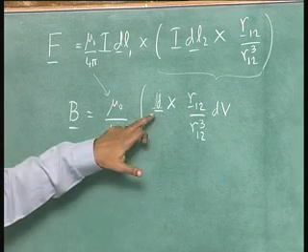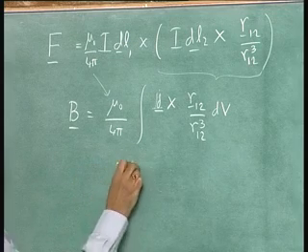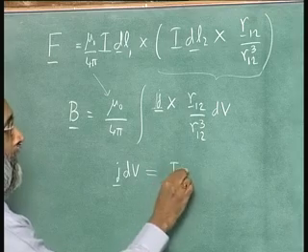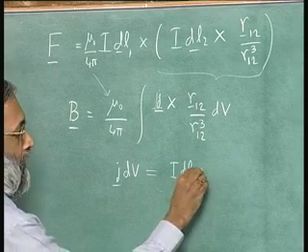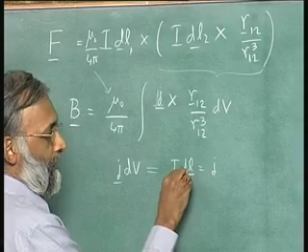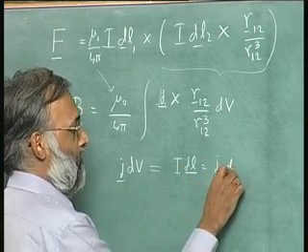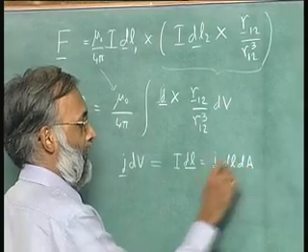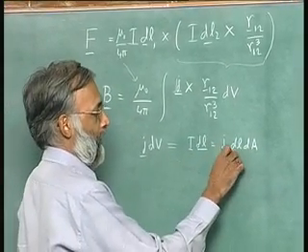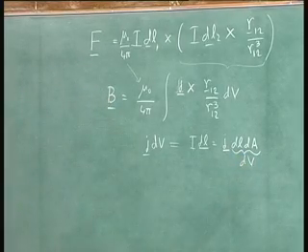So, just to remind you, the j dV is really I dl, which is j, the vector; dl I am associating with j. So, dl times dA, because current is current density times area, and this dl dA is my dV.